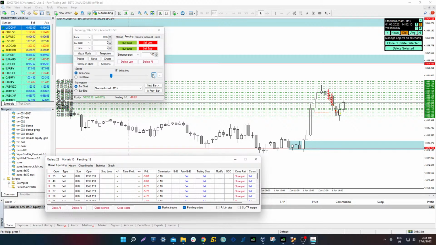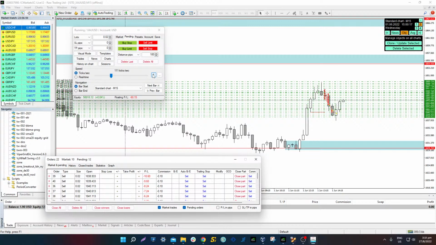And at almost 8 p.m., now 7:53, 5 minutes before 8 o'clock. So it's 8 o'clock. Price continues to go bullish.